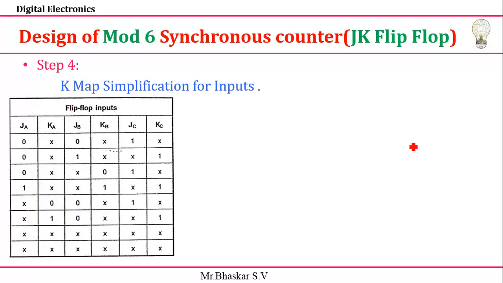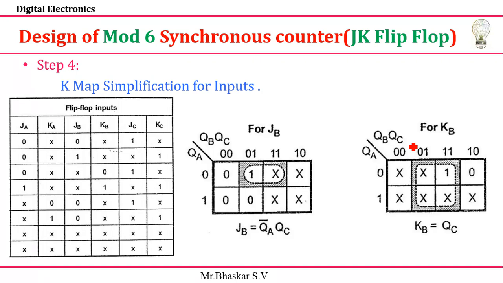Next, similarly, try for JB and KB. For JB and KB, fill the values: the four values are 0 1 X X, and next it is 0 0 X X. Suppose if X is there, then I can consider a quad, but here there is no X, so I'm going to take only this one. What is the value you'll get?